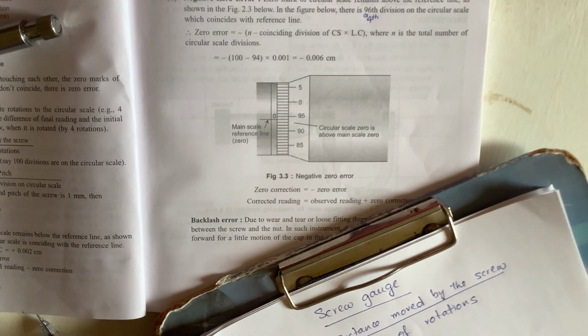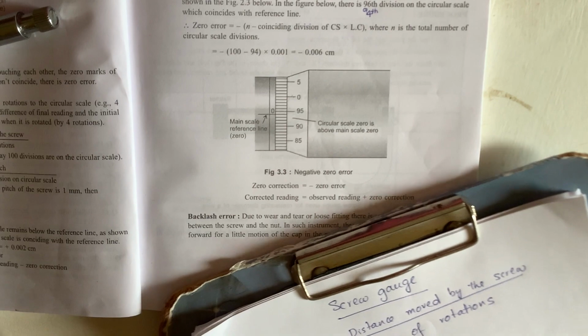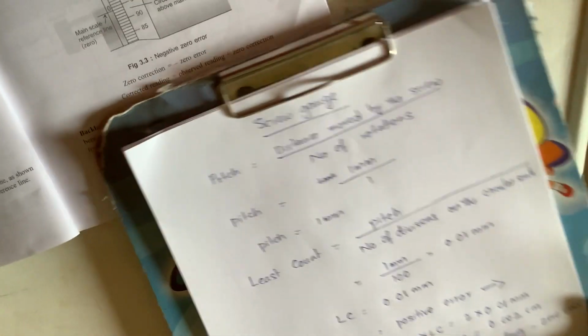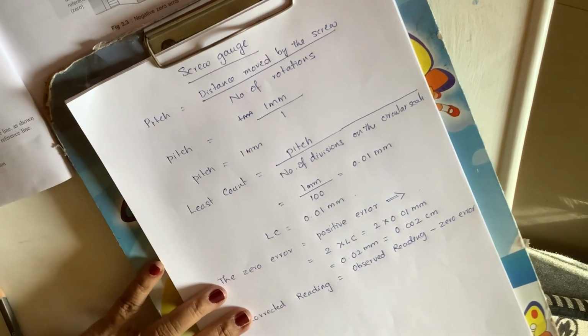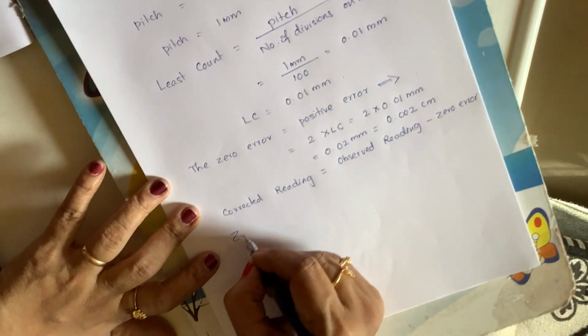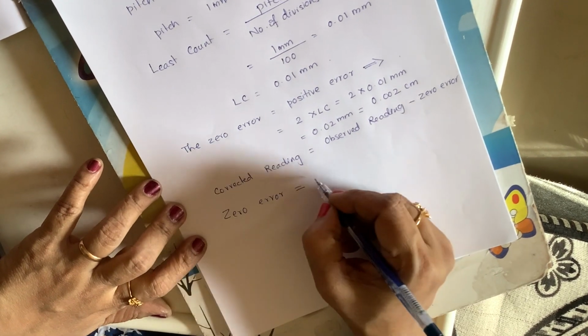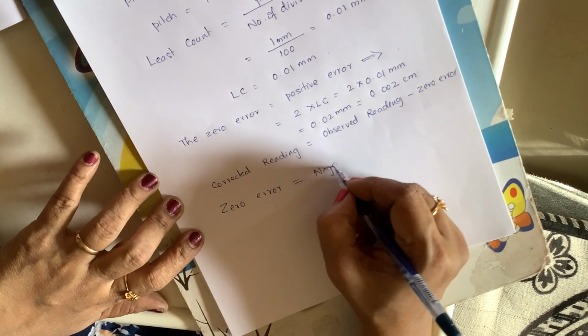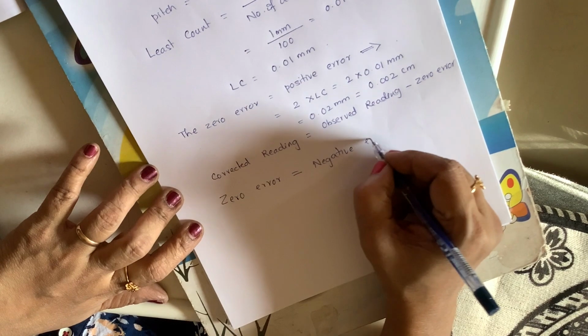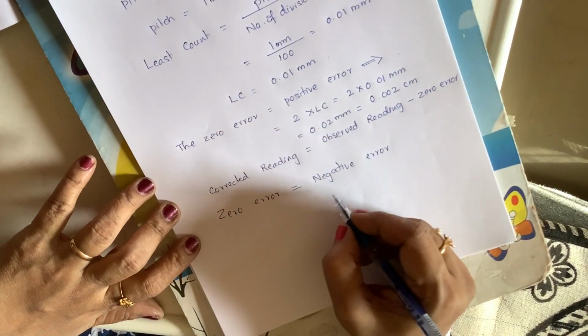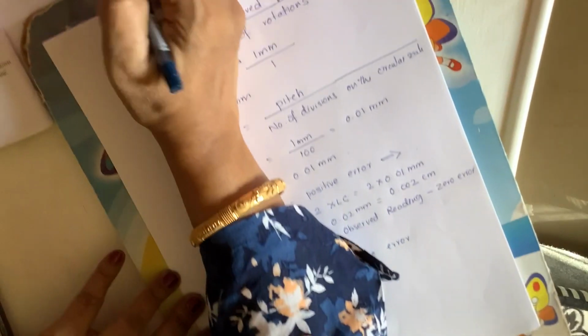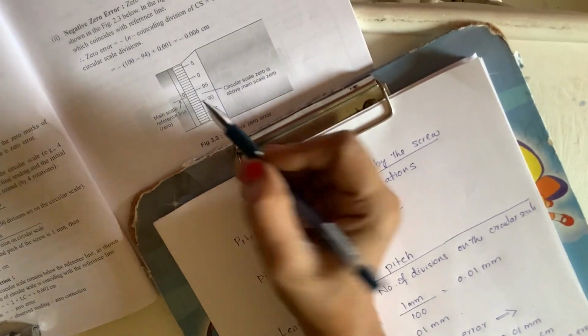Then how to find the zero error here? So how to find the zero error now? So in this case, if you see now here zero error, here it is negative error. So in this case, the coincident is 94th one.